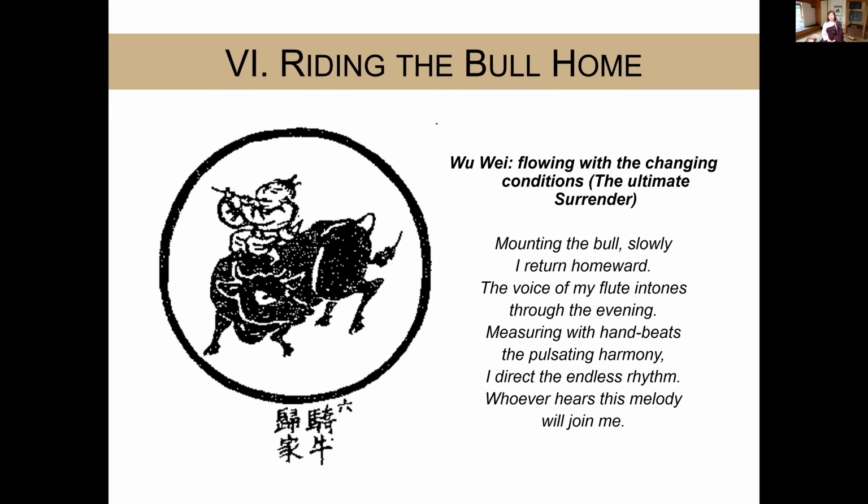So at this point, the practitioner, I call this phase of the journey, rather than doing things with effort, you start to be able to do things with ease and flow. So it's the ultimate surrender experience.